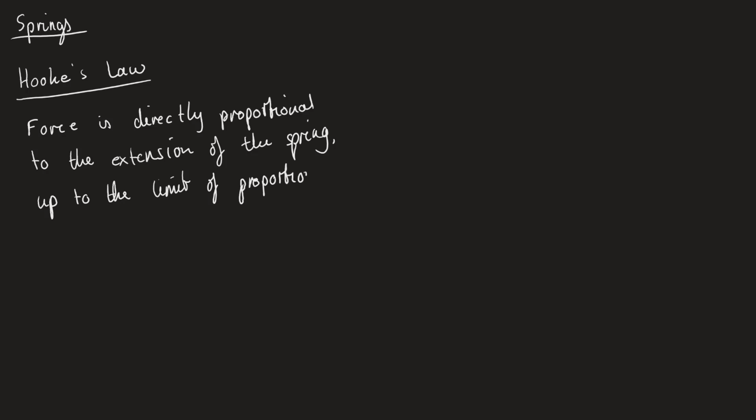Okay, so this is Hooke's law, and this is probably the key part that we need to know about springs. So force is directly proportional to the extension of the spring up to the limit of proportionality. Now, we'll talk about this limit of proportionality in the next video when we look at Young's modulus.